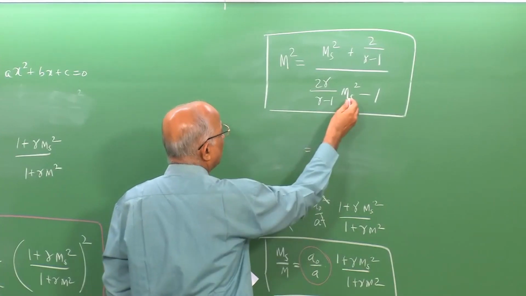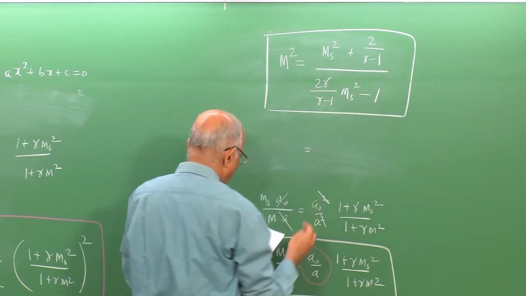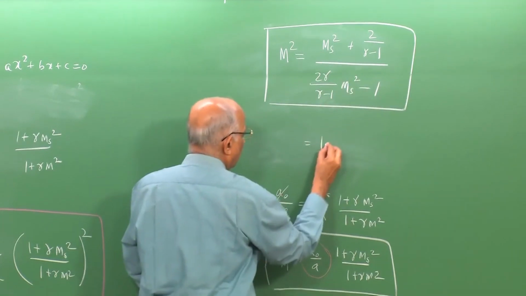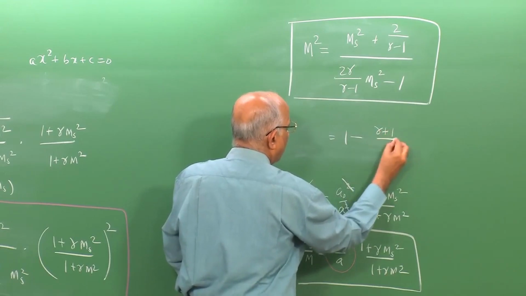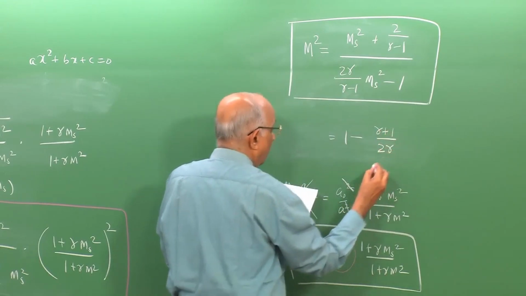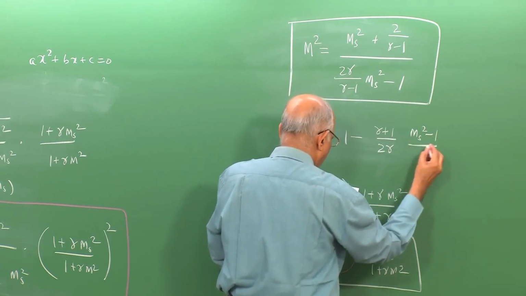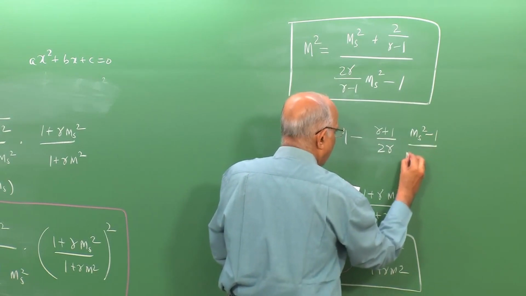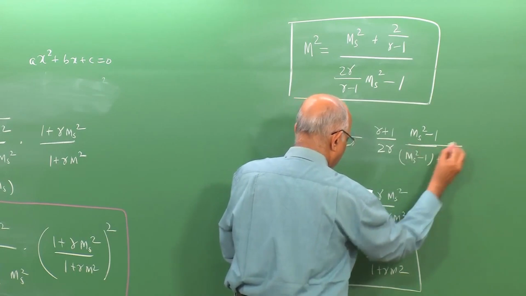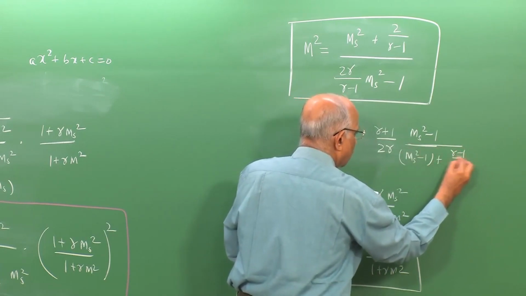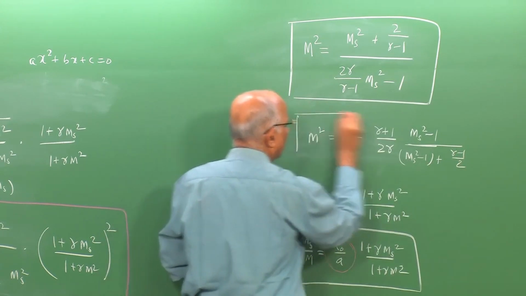After all, you bring (gamma minus 1) by 2 here, and the expression works out to be 1 minus ((gamma plus 1) divided by 2 gamma into (Ms squared minus 1)) divided by (Ms squared minus 1 plus the value of (gamma minus 1) divided by 2). This is the value of M squared which I get.